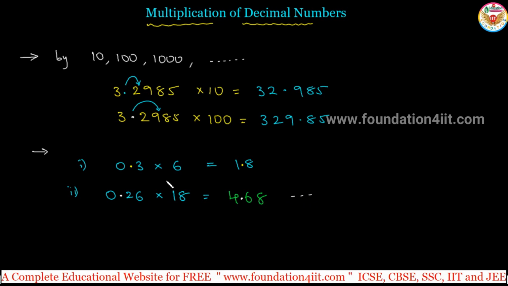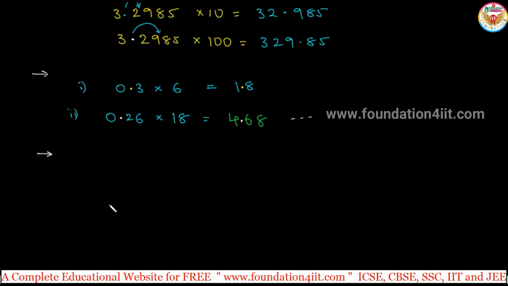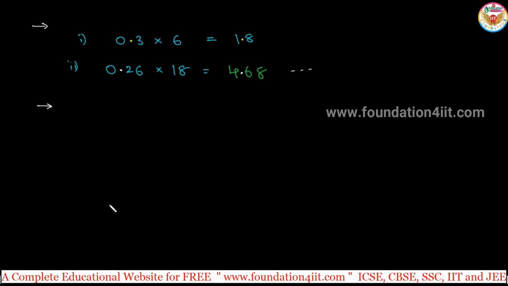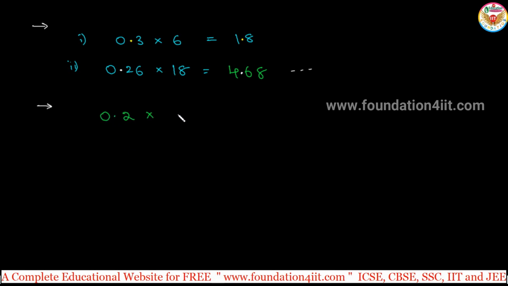Okay, this is one way, multiplication with a whole number. And one more category is any decimal number multiplied with another decimal number. See the example. Let us take 0.2 multiplied with 0.4.